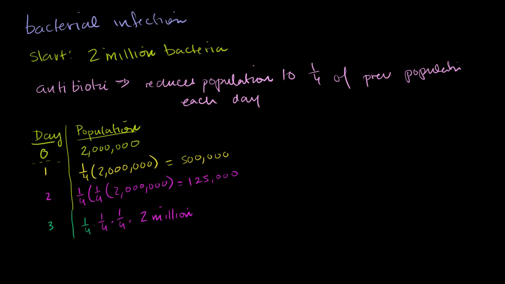In general, the population on day n, let me write this in a new color, is going to be equal to 1/4 to the n power, right? This is day n. On the third day, it was 1/4 to the third power times 2 million.